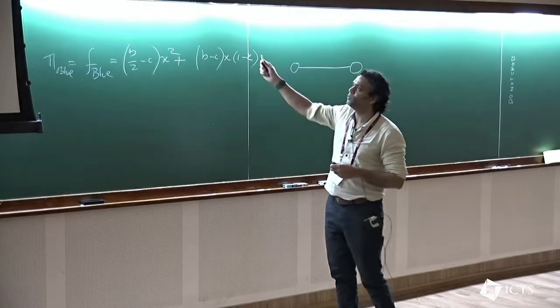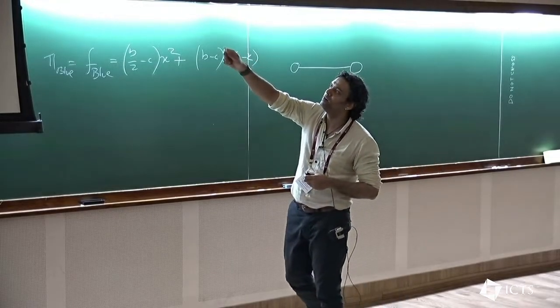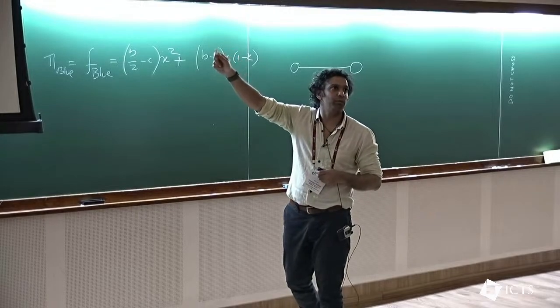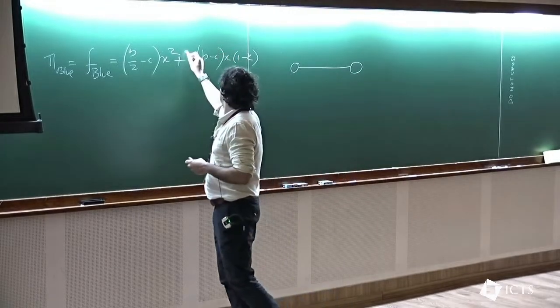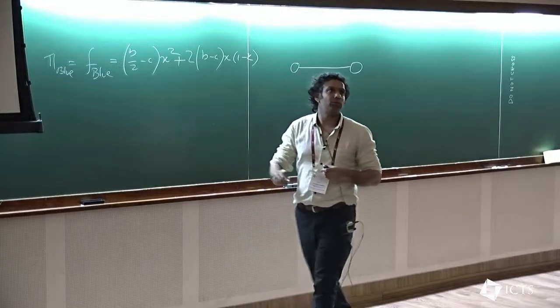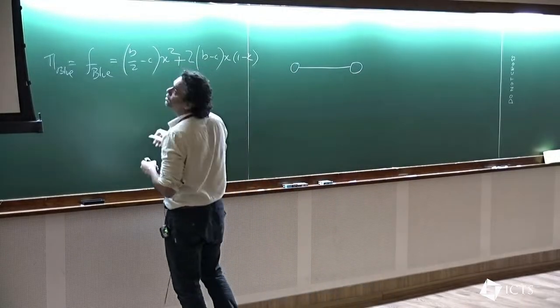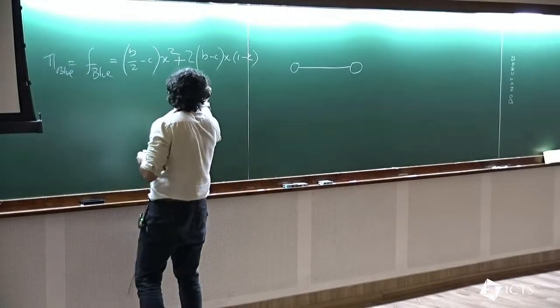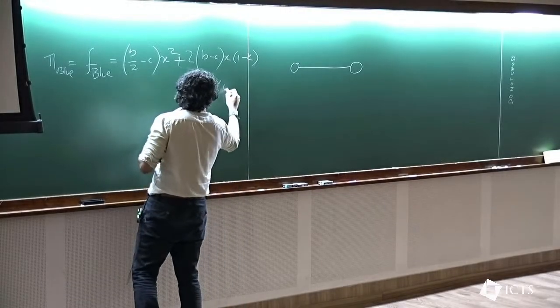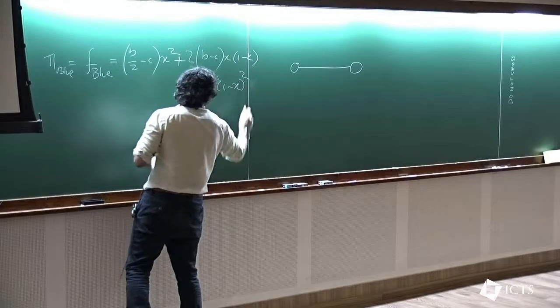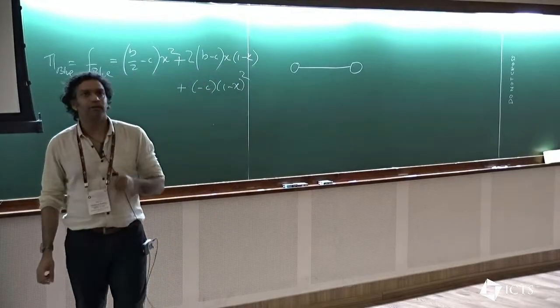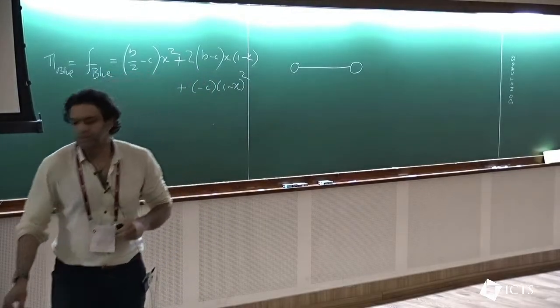Because the first one could be blue, second red, or the first could be red and the second blue. So we have to multiply this by 2. And the last term is you get minus c with probability 1 minus x squared, right? Is this fine?